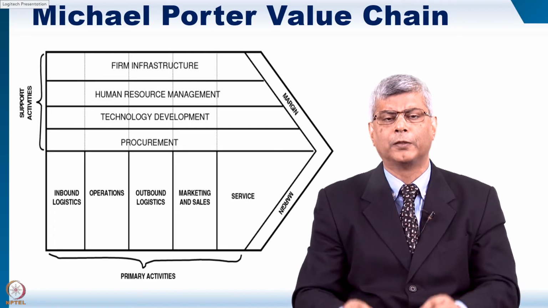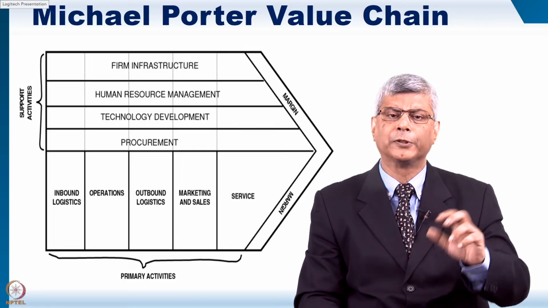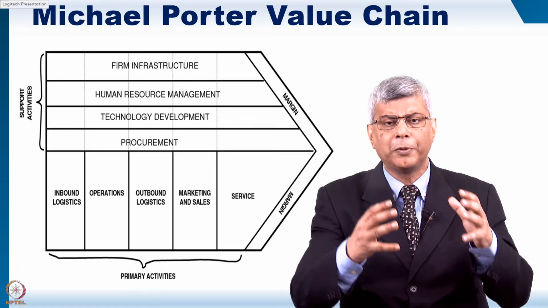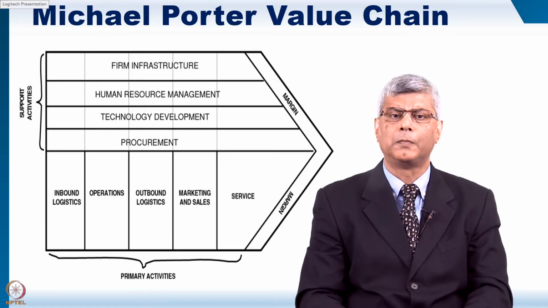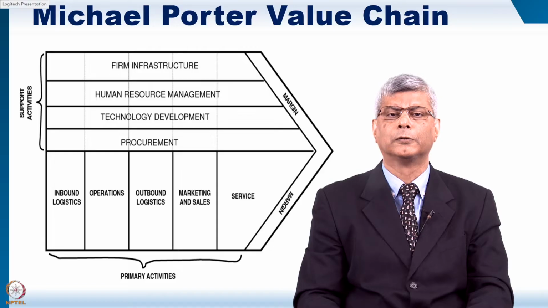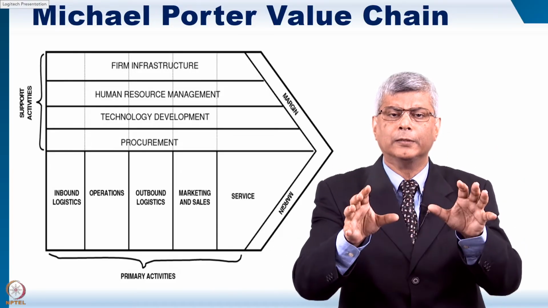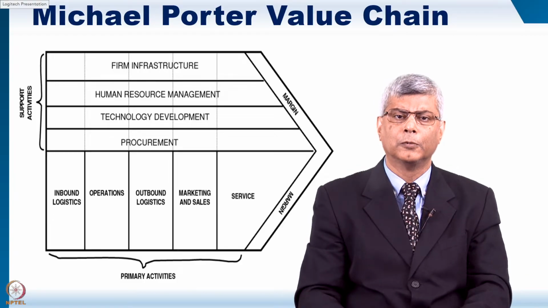An e-commerce firm may have hundreds of thousands of suppliers. They all need to be managed well. Otherwise, the company will make losses. So this is one way of depicting a business model.